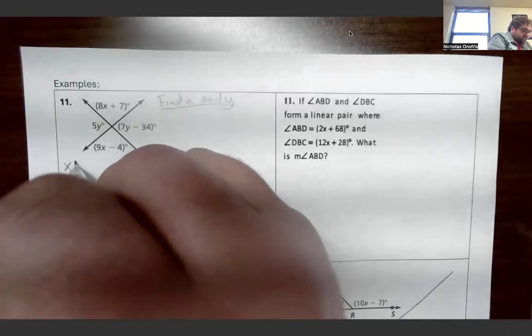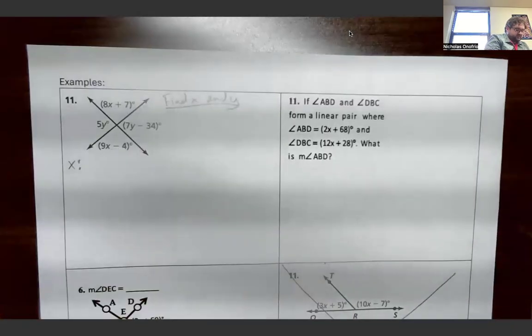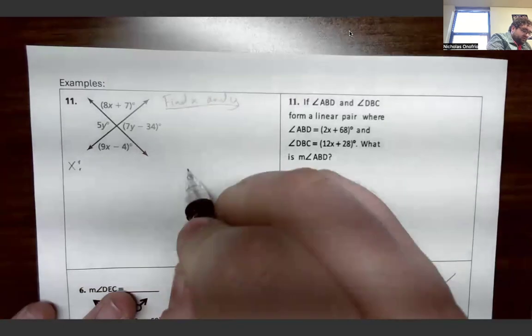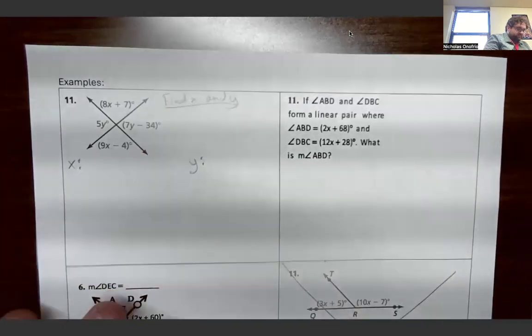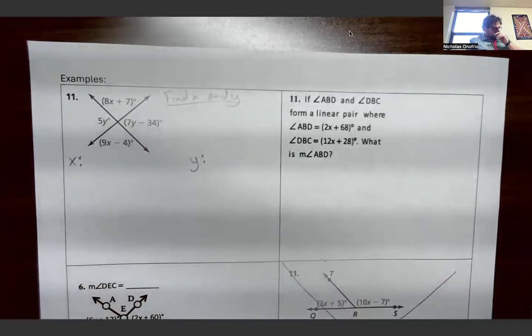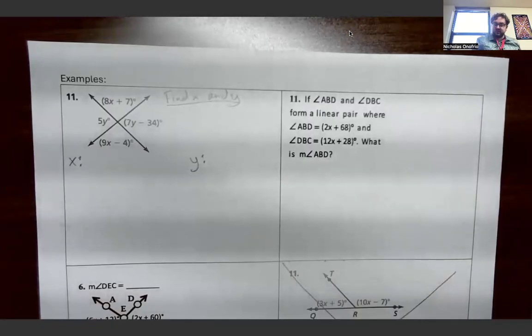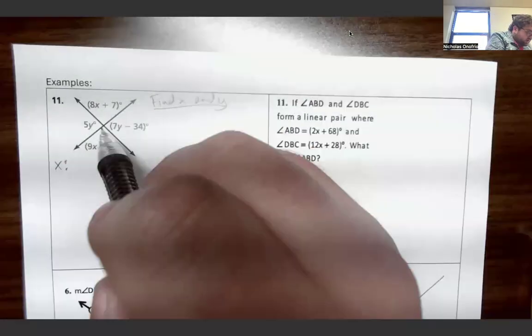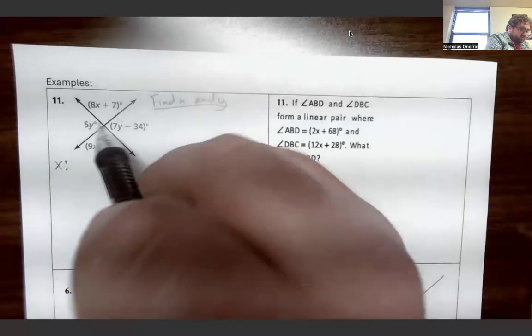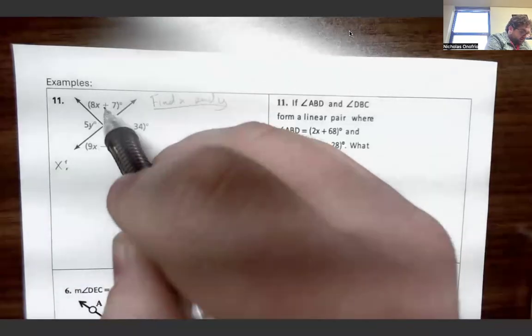So let's say the left side of our paper is for X and the right side of our paper is for Y. When I'm looking at this, I see right away that my Y's are across from each other and my X's are across from each other. So this lets me know that we have vertical angles.